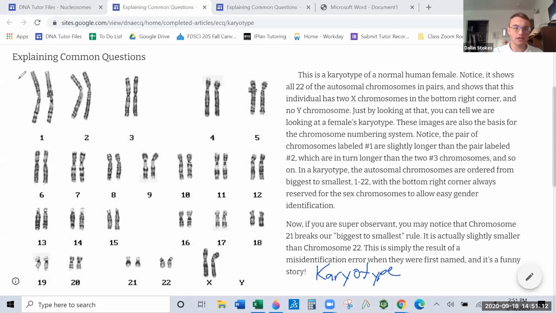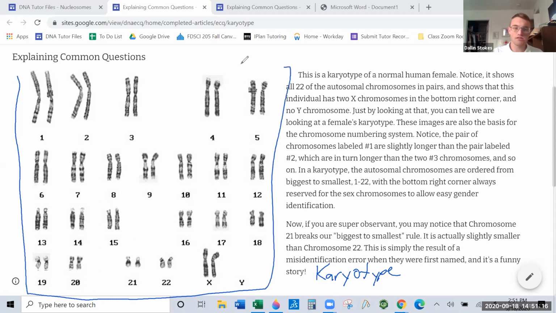So this whole picture here is a karyotype. And a karyotype is a photograph of the chromosomes in their condensed state. That's what a karyotype is. And then, of course, there are three ways that we sort out chromosomes to order them like this, like how they became chromosome 1, 2, 3, and 4, and how we're able to arrange them like a karyotype.